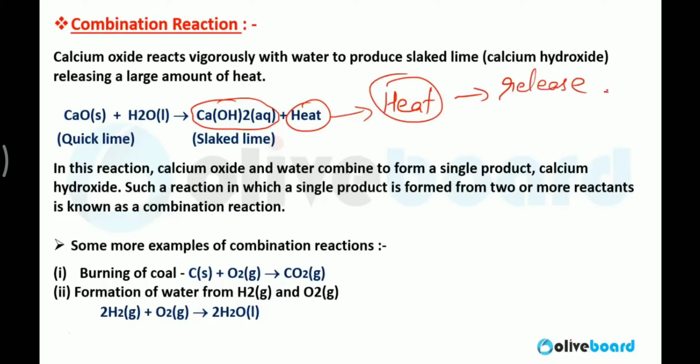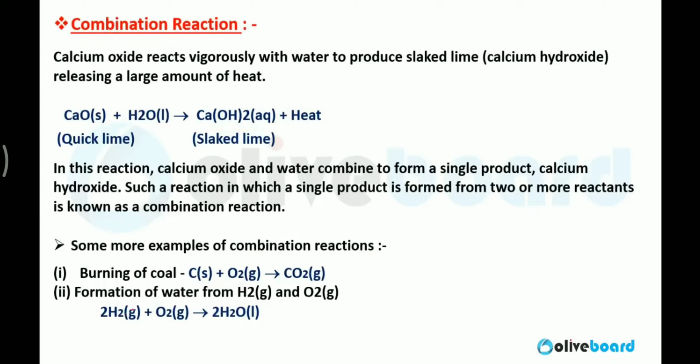Clear? And here are some examples of combination reaction, like burning of coal. Coal is a solid substance. Always, when you burn something, there should be oxygen, because only in the presence of oxygen can you burn anything.